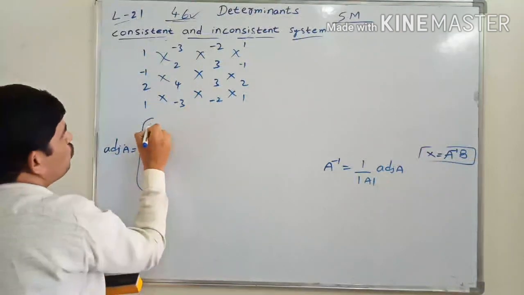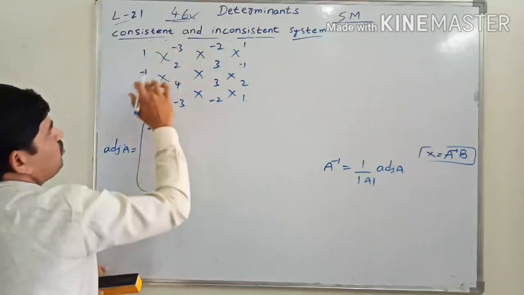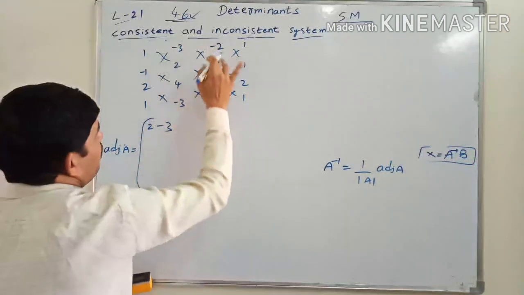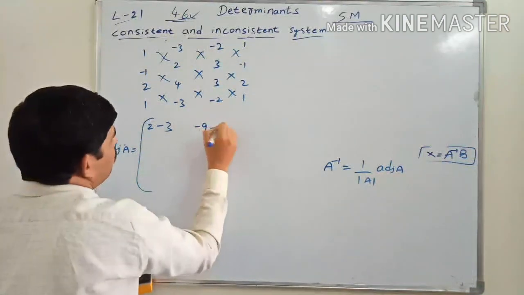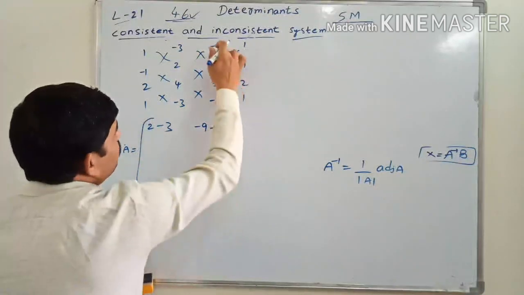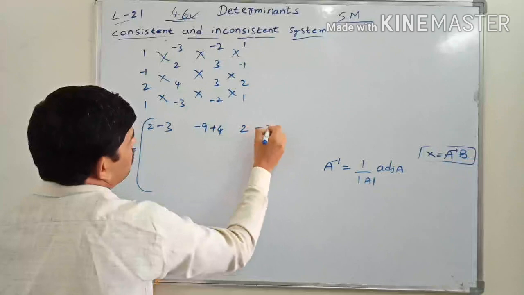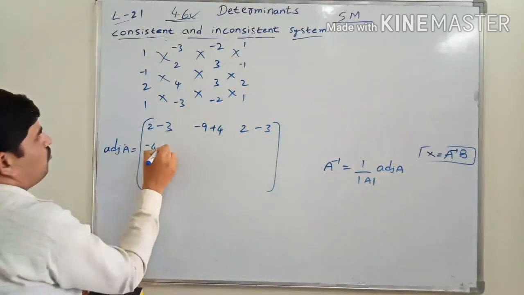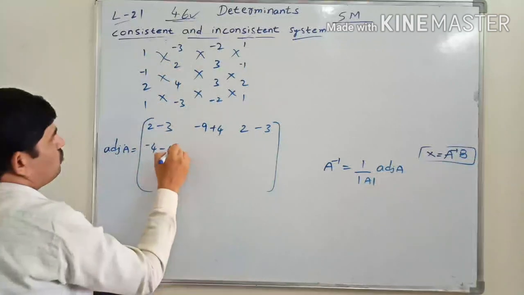1 into 2 is 2, minus and minus plus 1 into 3 is 3, over the first one. Again we take the second, minus 3 3s are 9, minus 2 into 4 is minus 8, plus 4. Yes, minus and minus plus 2 minus 3, over. Again see minus 4, minus 2 into 2 is 4.